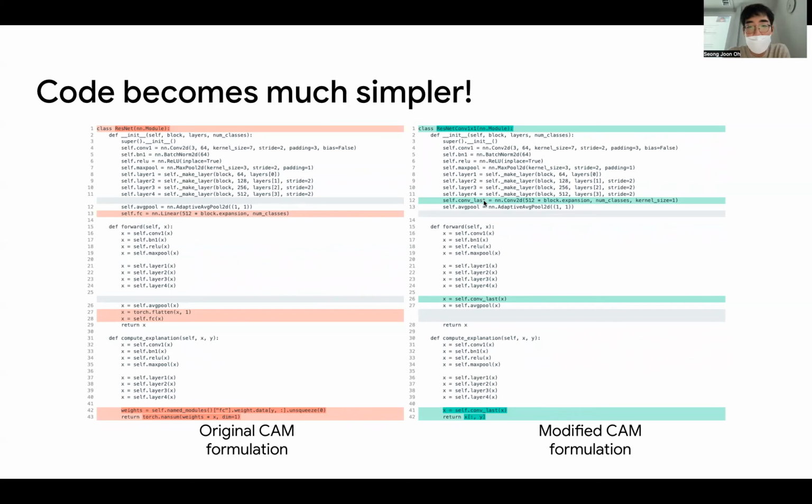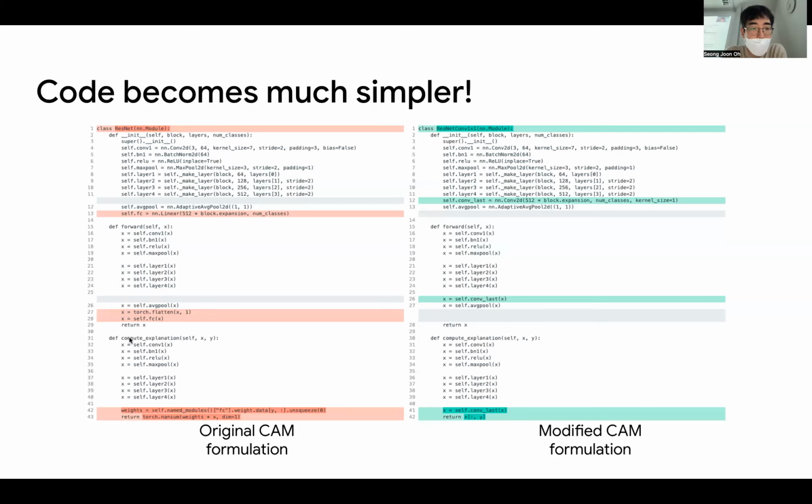But instead of doing that, you have convolutional layer, additional convolutional layer before average pooling, where the number of inputs and outputs are kind of the same as the FC layer. So they actually contain the same number of parameters. And here you do average pooling and then flattening and then linear layer. But instead of doing that, you do convolution first and then average pooling.